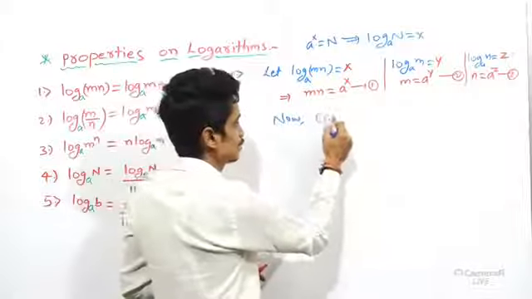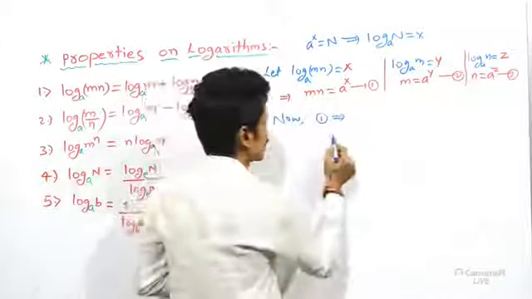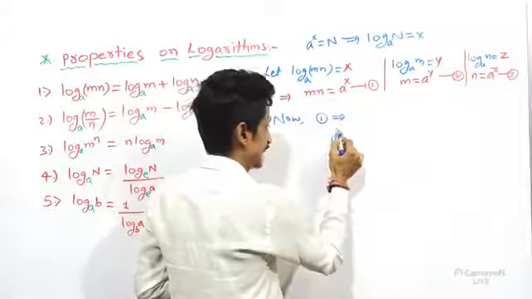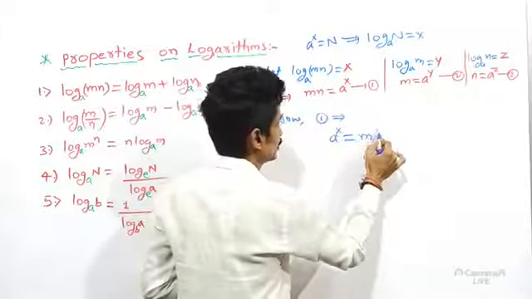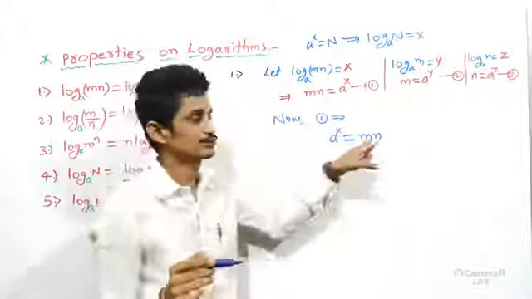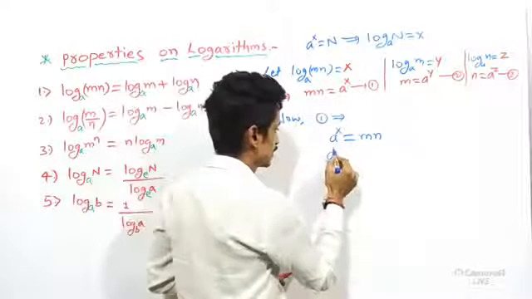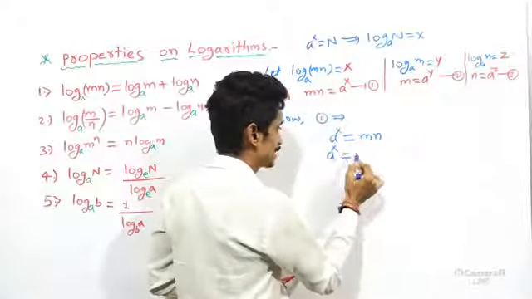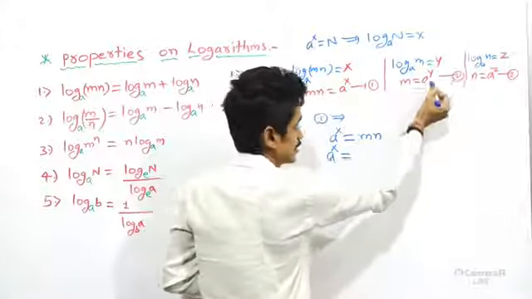Now, equation 1 implies, what is equation 1? Rewrite it: a to the power of x is equal to m into n. A to the power of x, write as it is. What is m?